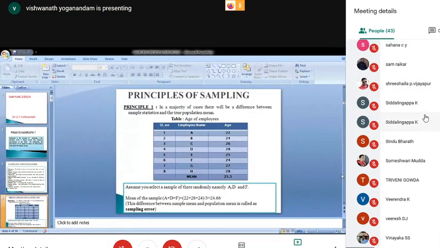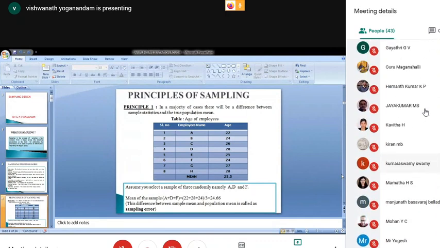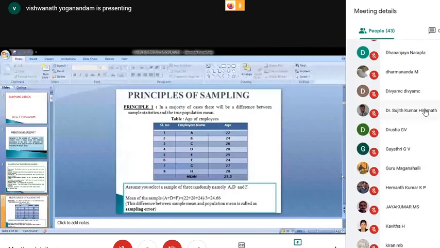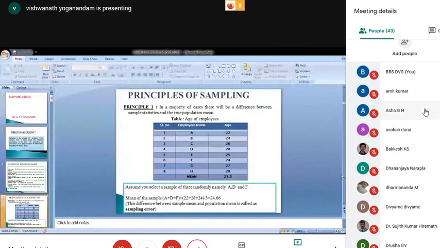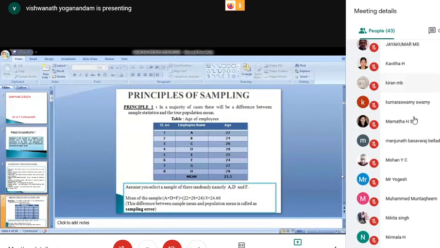If you take the overall average, you might get 160 as the average. But if you take any 3 or 4 as a sample, you might get 155 or 165 as the average. So there is a difference between sample statistics and the true population.